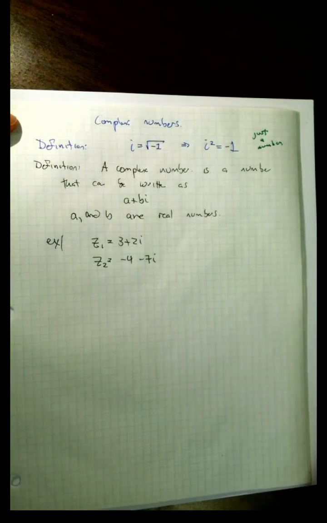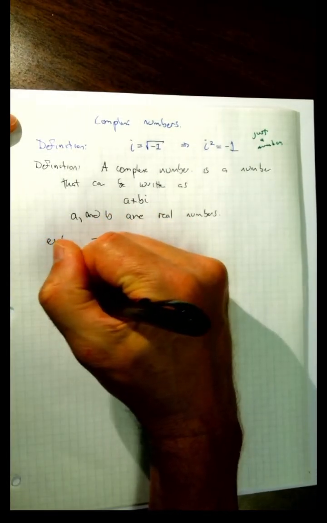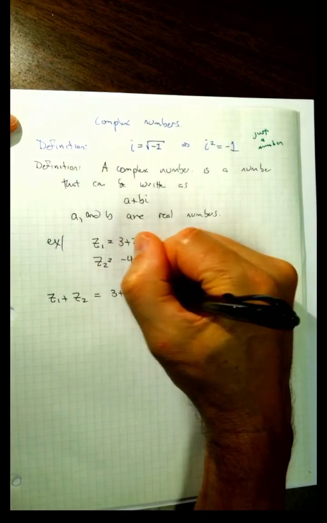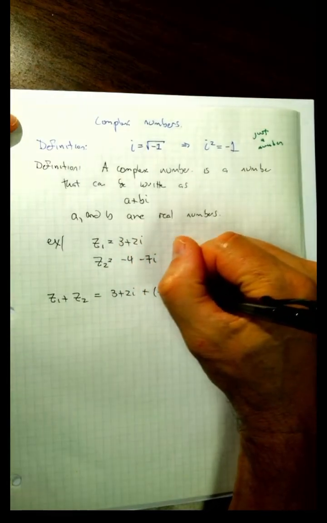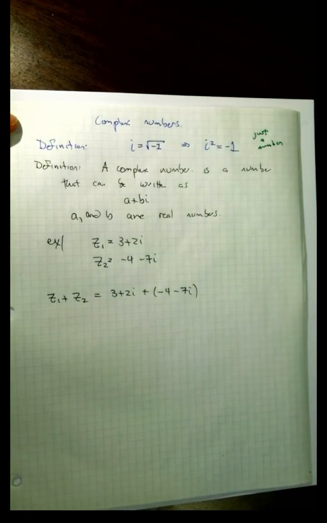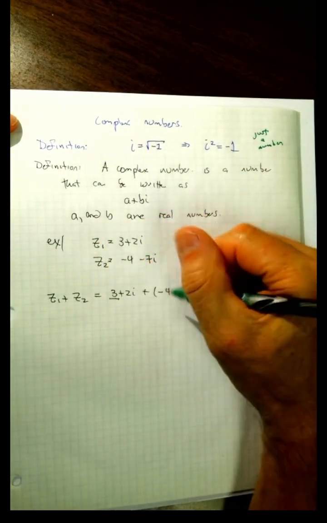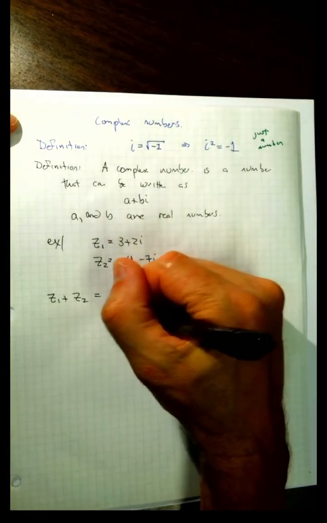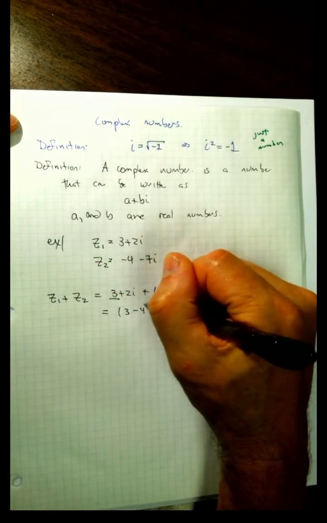Okay, and from this, we can define all the usual operations. So for example, if I take z1 plus z2, that's 3 plus 2i plus minus 4 minus 7i. And what I'm going to do is take the parts without an i. We're going to call that the real part. Treat that separately.